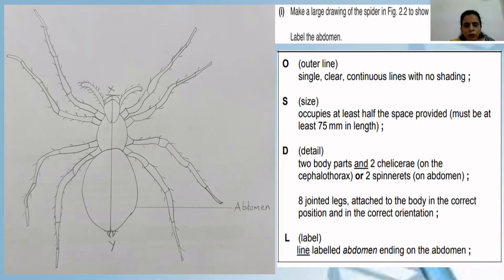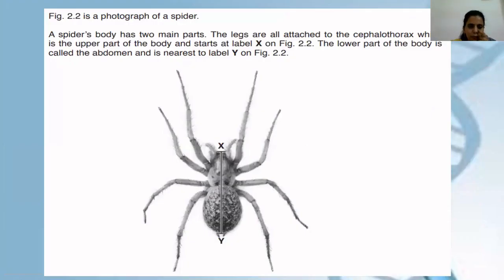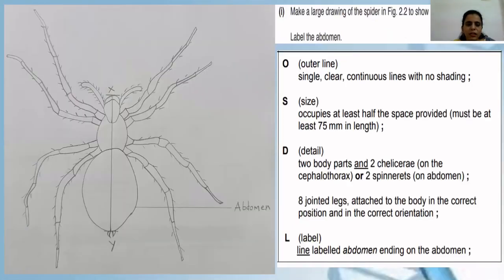You will get to know this from the original picture. You can see here the first 2 pairs of legs are pointed upwards and the next 2 pairs are pointed downwards. Similarly, the person has made 2 pairs of legs upward and the next 2 pairs pointed downwards. So 1 mark will be given for this detailing.